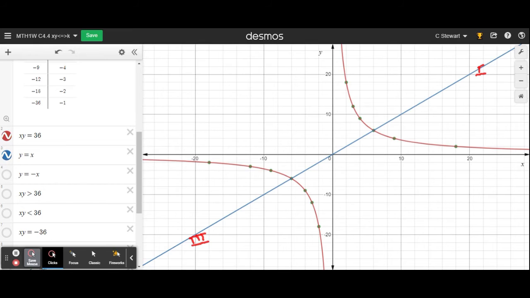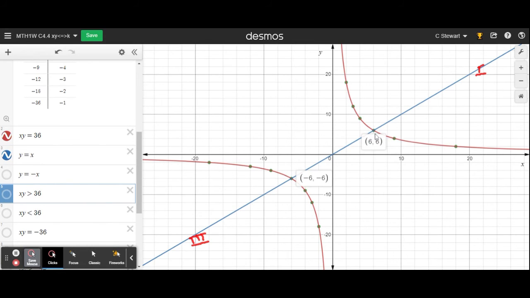So when you plot the line y equals x, where every x coordinate equals its y coordinate, if we go over to the graph, you're going to see that it intersects at (6, 6), so specifically where x does equal y, and also here in quadrant 3 at (-6, -6), which just so happens to be the square root of positive 36. So there's something to remember as a characteristic when you are graphing these types of relations.